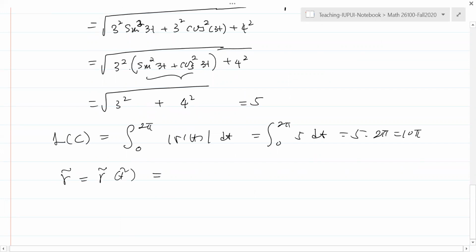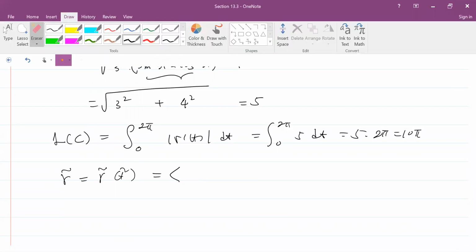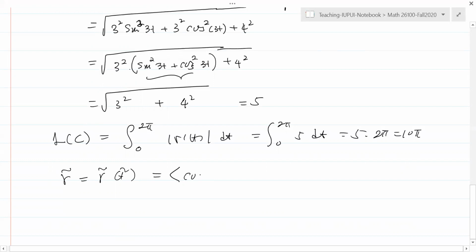I'm going to describe the sine and cosine: the cosine of 3 over 5 t, and the sine of 3 over 5 t. And here's 4 over 5 t. I just divide each t by 5, okay?